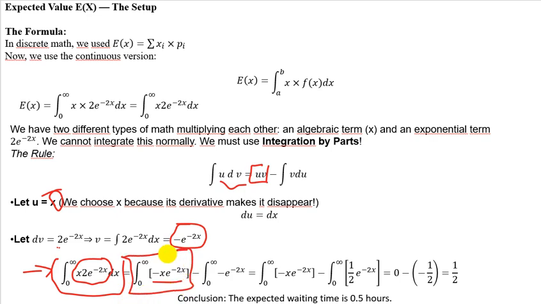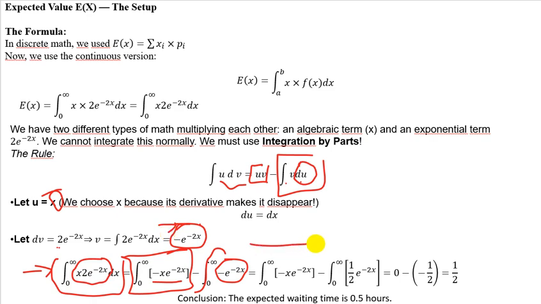Now minus the integral of what? Of v times the derivative of u. v, we have it, we said it's this, times the derivative of x, which is 1, and it becomes easy now.